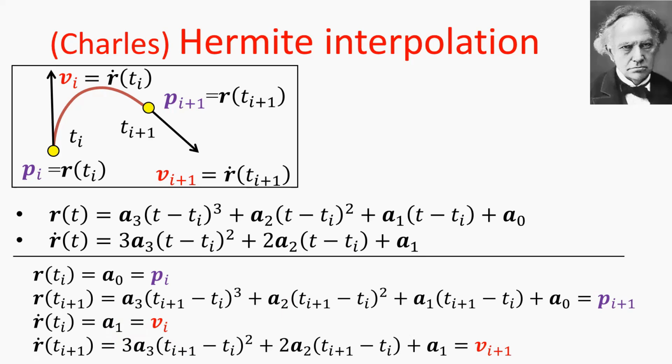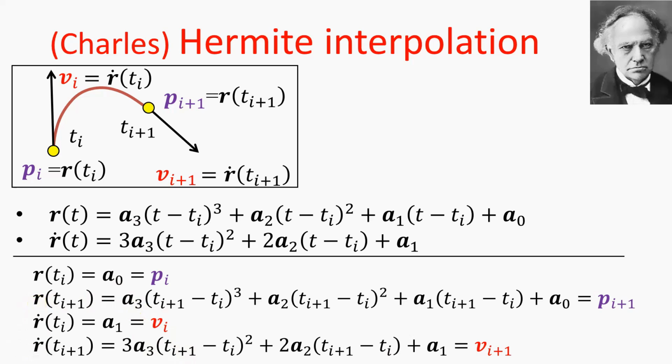Doing the substitution, we are left with ai, so we know even the second coefficient of the unknown polynomial. And finally, we repeat the same substitution for ti plus 1 when we need to obtain the ending velocity of the motion. So we have four unknowns, from which two are already known, and two additional unknowns with two equations which are not considered yet.